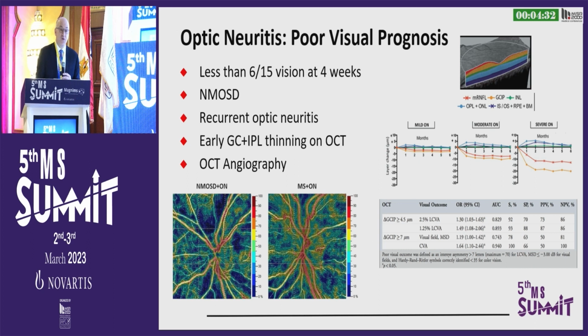And coming up in the future, OCT angiography, just a different way of using a swept source OCT machine to look at vessel flow within the retina, can show differences between NMOSD and MS-related optic neuritis and may be able to help us differentiate at the acute setting.